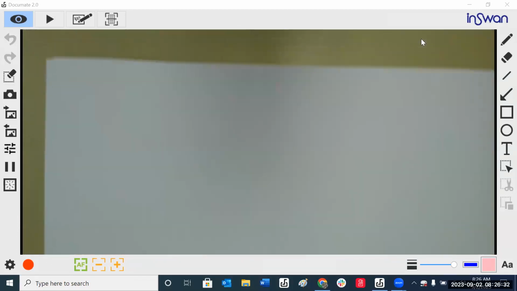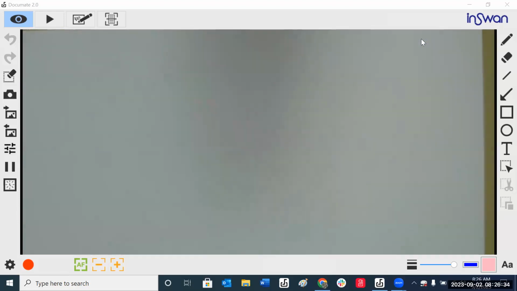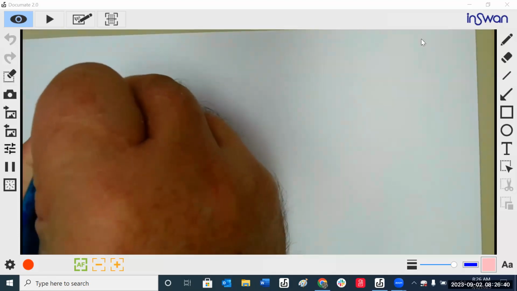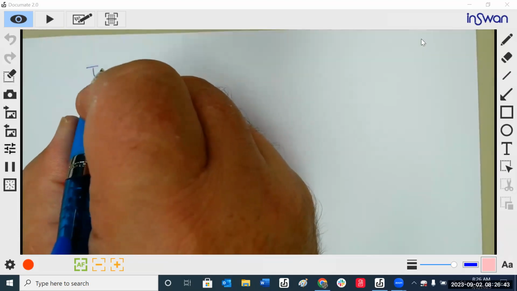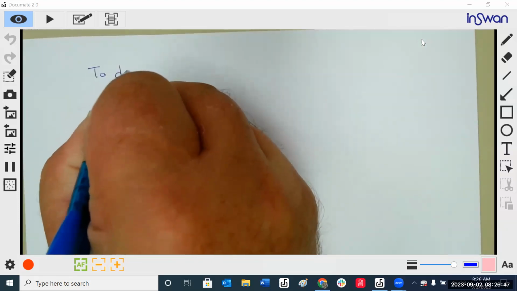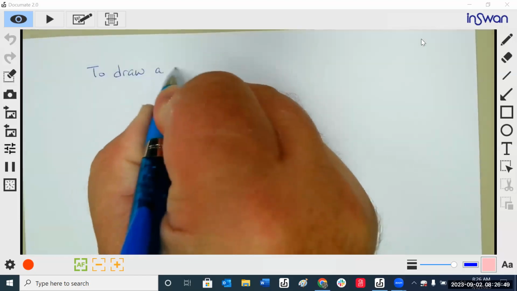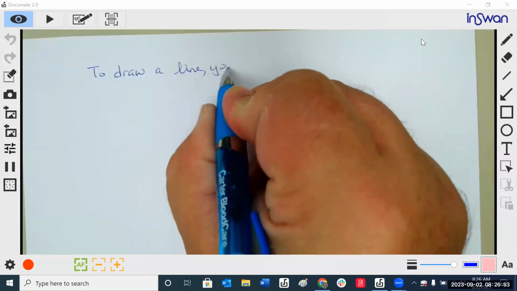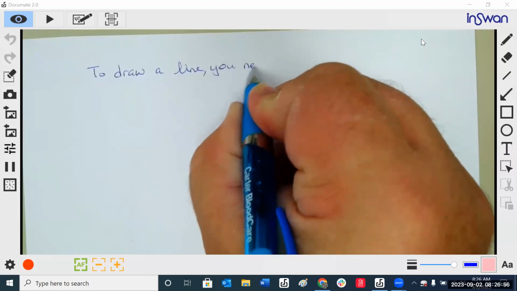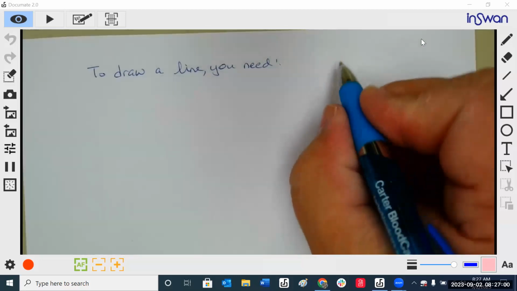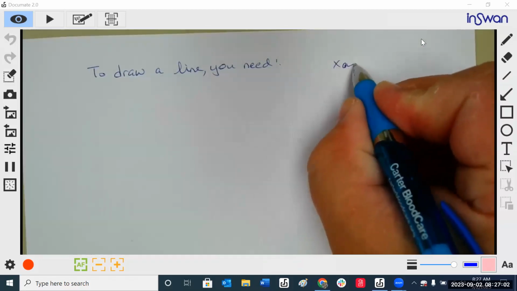Now, when we draw a graph, what do you have to have to draw a line? Okay, do we need an XY coordinate?